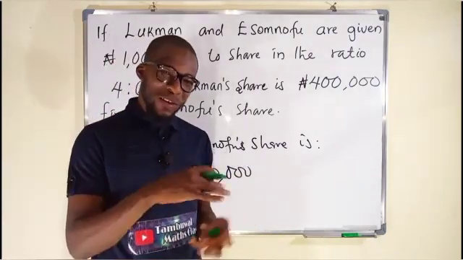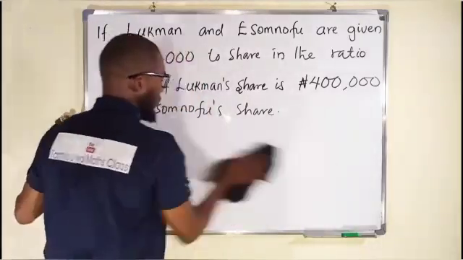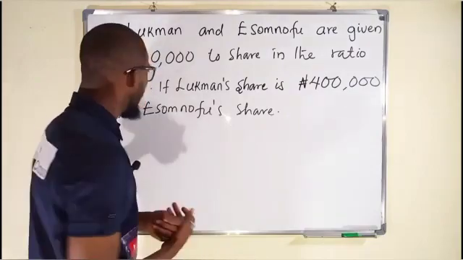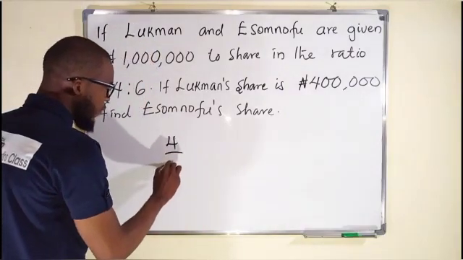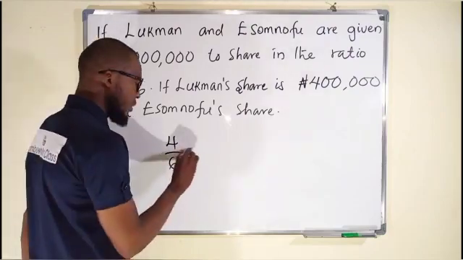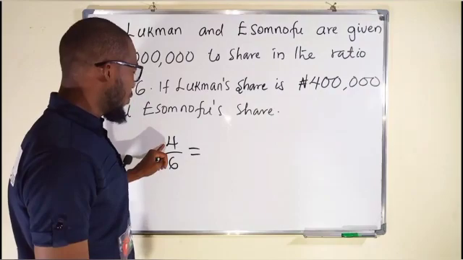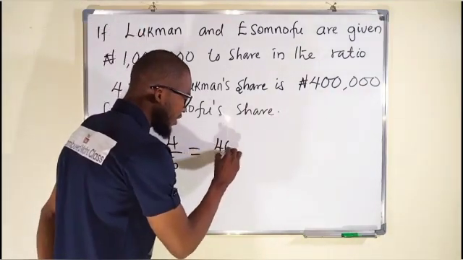Still, if you want to show a little bit of working, you can do it this way. You know, ratios can also be represented in fractional form. So this can be represented as 4/6. In equivalent fraction, 4 is already represented by 400,000, so we can write 400,000 here.